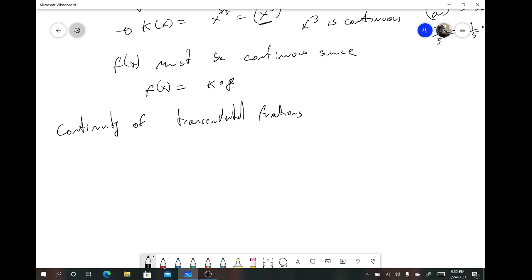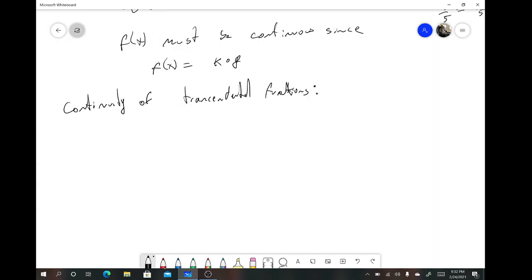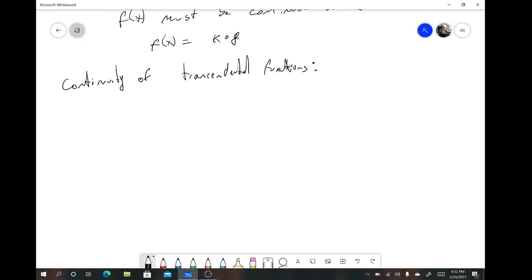Okay, so a transcendental function is a function that's not algebraic. Some of them include sine, cosine, tangent. Those will be transcendental functions, right? So we saw that the limit as x goes to 0 of sine of x was equal to 0 by the squeeze theorem.